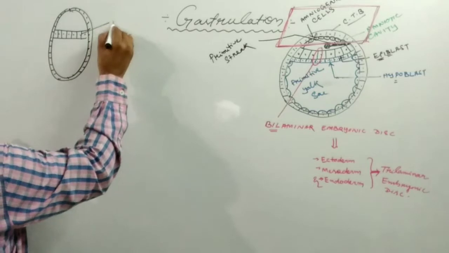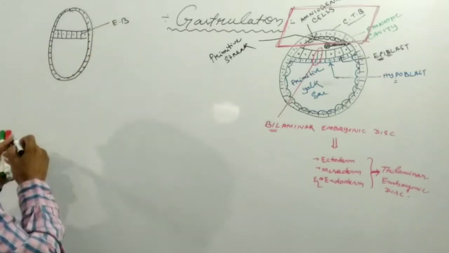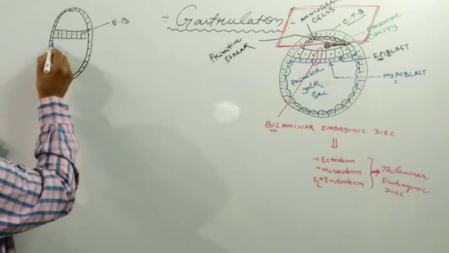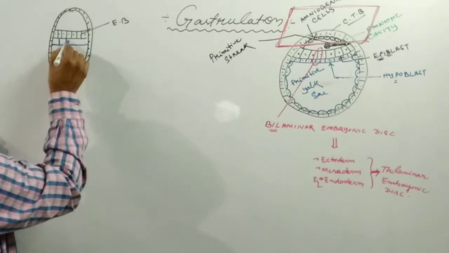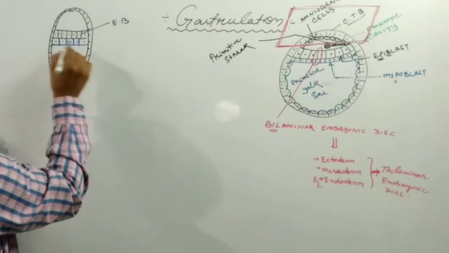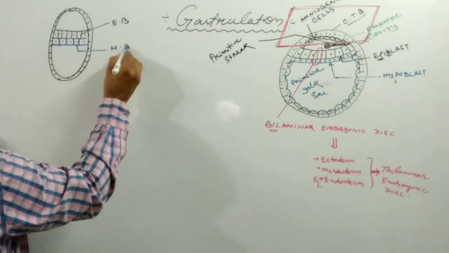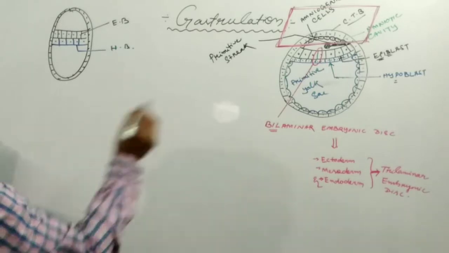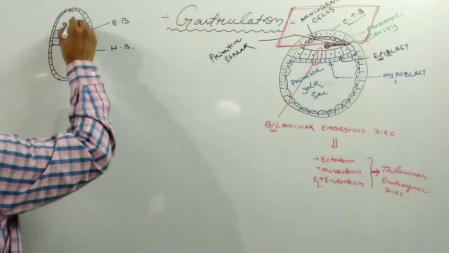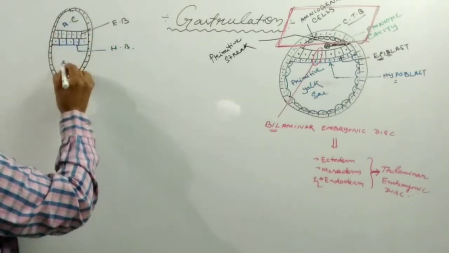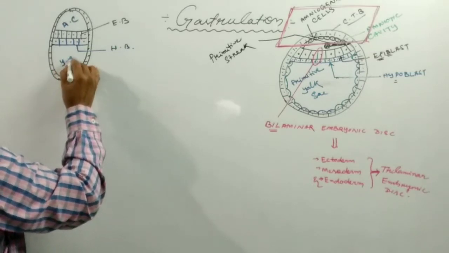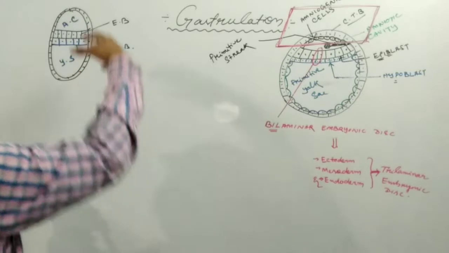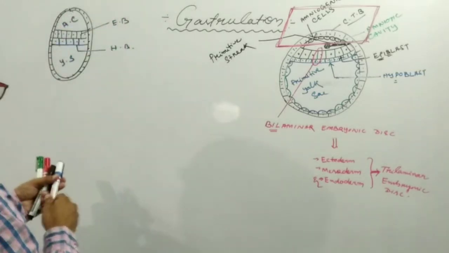This is the epiblast layer, and below the epiblast layer there is the hypoblast layer. Above the epiblast, the cavity space is the amniotic cavity, and below the hypoblast is the yolk sac.